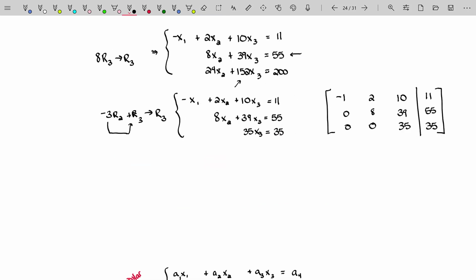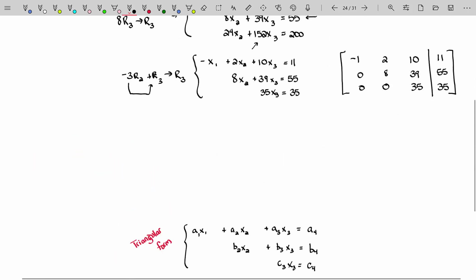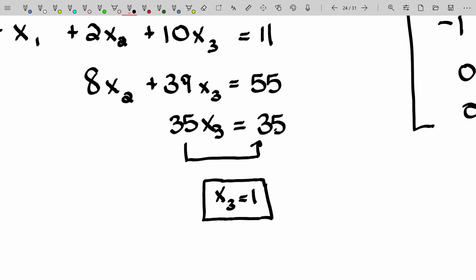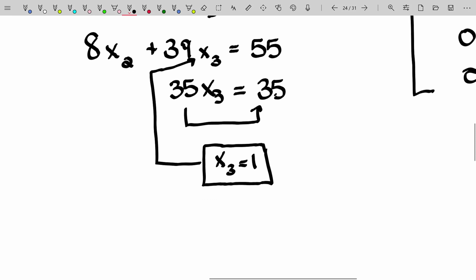Now, finishing the solution here, now that we've gotten down to this triangular form, we just do some back solving. 35 x sub 3 is equal to 35 means that x sub 3 is 1. Substituting that into the second equation, we get 8 x sub 2 plus 39 is equal to 55.